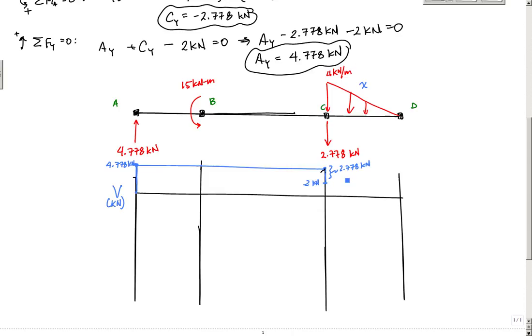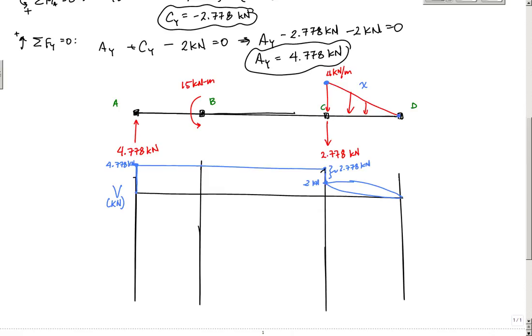The question is, my parabola could go either like this, or it could go like this, and one of these two is correct. The way you know is based on the value of the distributed load, which is the slope of the shear diagram. Here the distributed load is 4 kilonewtons per meter at that point.